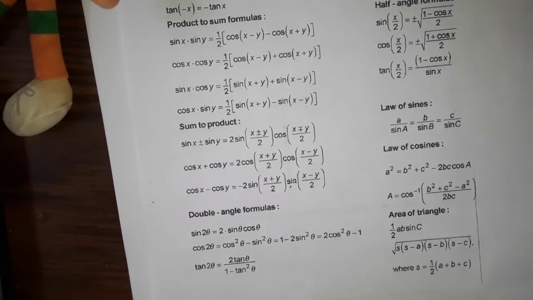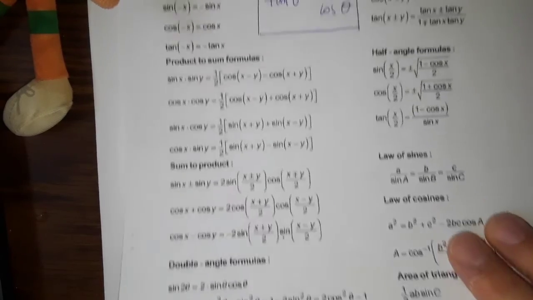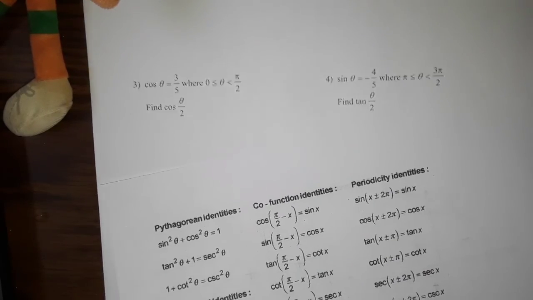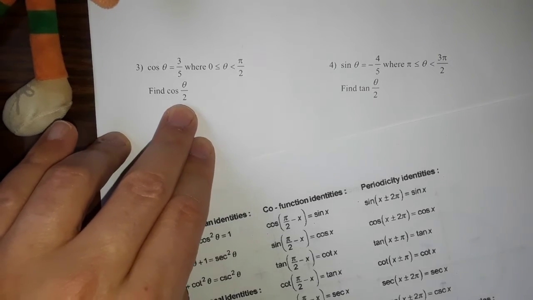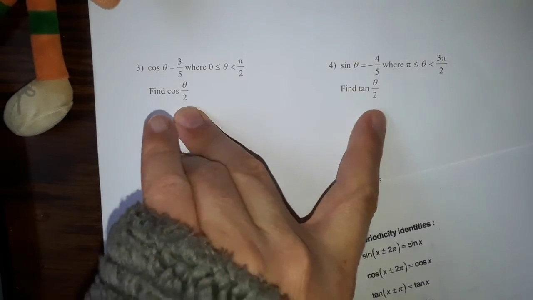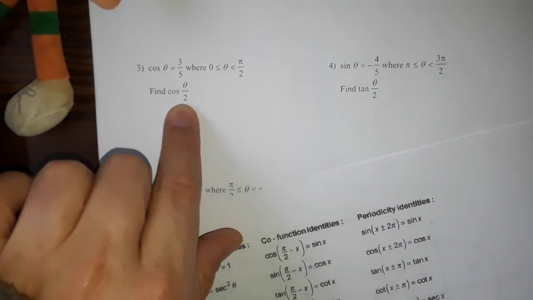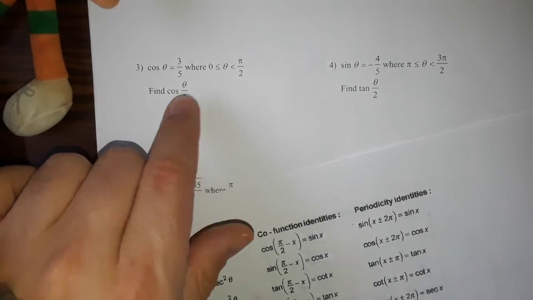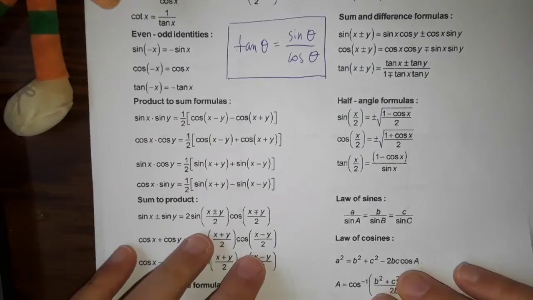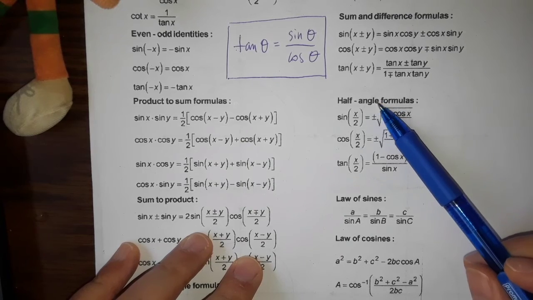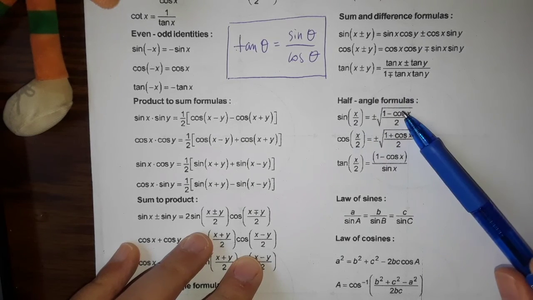So it's like a game of formulas, using this one, that one, until you get the right answer. Now, for this type where you're being asked cosine of theta over 2 or tangent of theta over 2, here you have the half angle formulas.